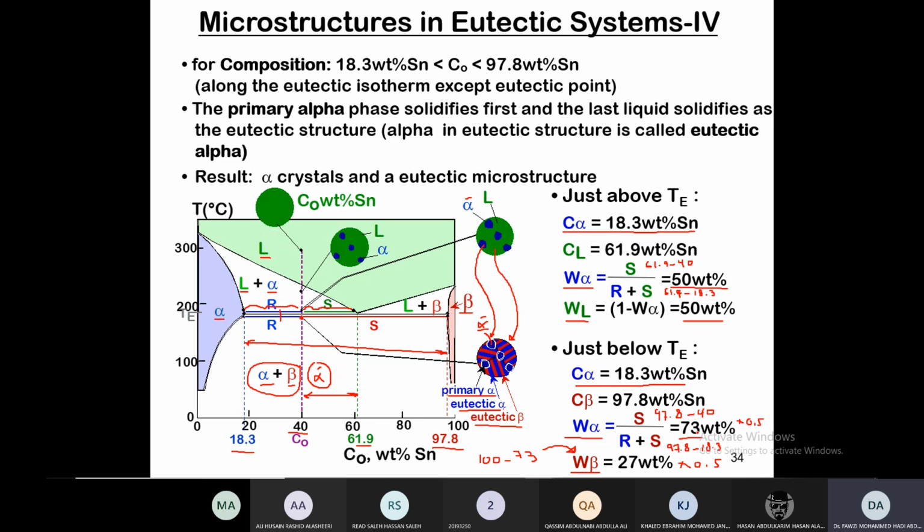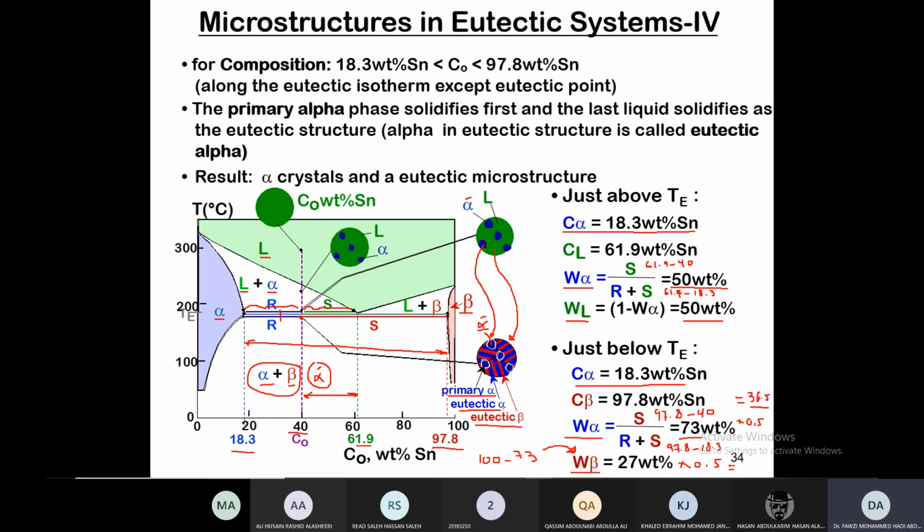If you do the calculation, let me bring my old calculator: 73 multiplied by 0.5, your result will be 36.5. That's the correct answer for the weight percentage of alpha from the overall, which you have here.